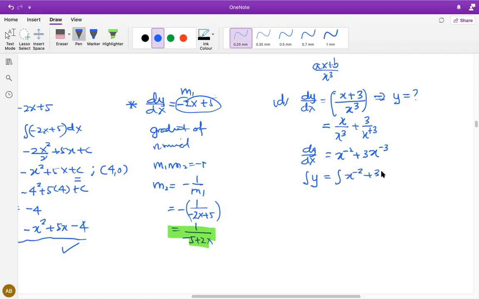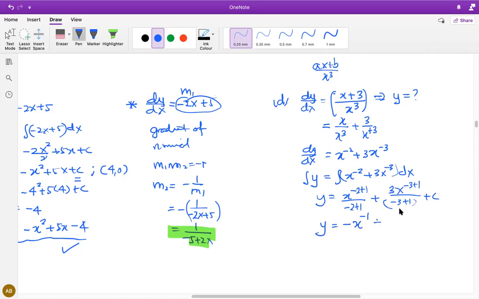So I will get y equals x to the power negative 2 plus 1 over negative 2 plus 1, plus 3x to the power negative 3 plus 1 over negative 3 plus 1, plus c. Negative 2 plus 1 is negative 1, so I get negative x to the power negative 1.